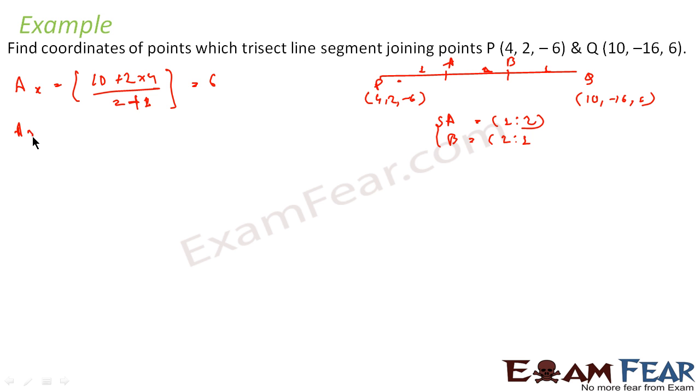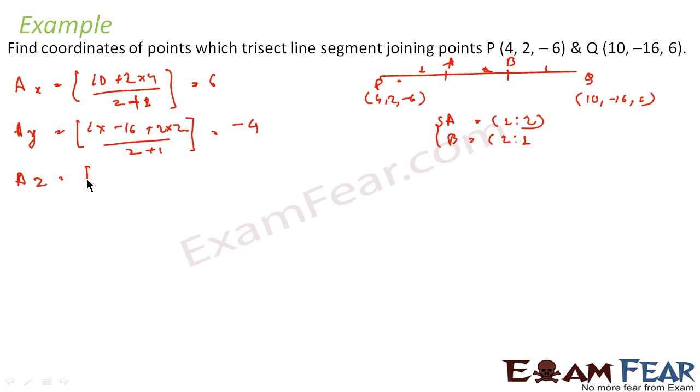That is AX. Similarly, AY comes out to be (1 into -16 plus 2 into 2) by (2 plus 1), and that value is -16 plus 4, which is -12, by 3 is -4.